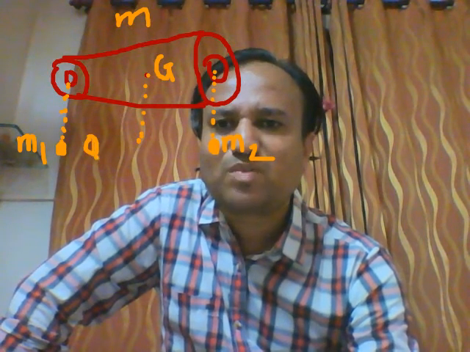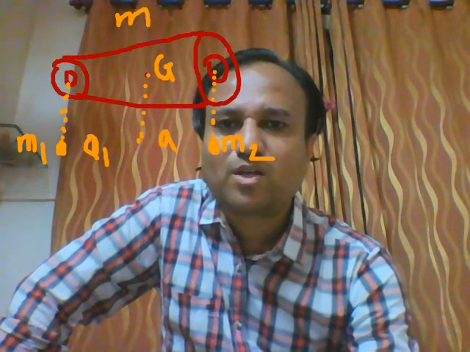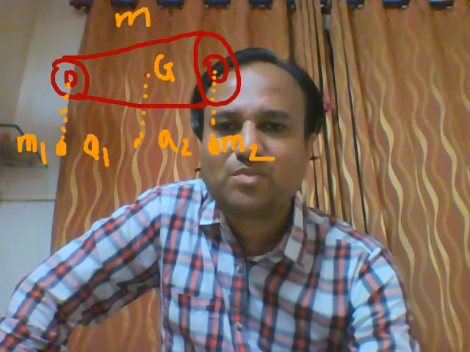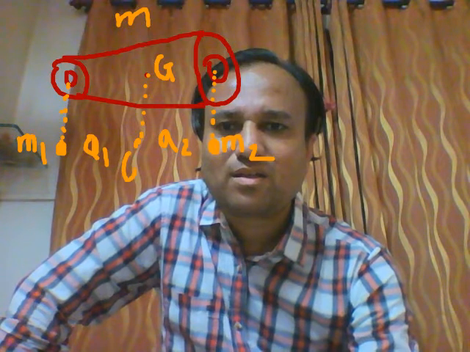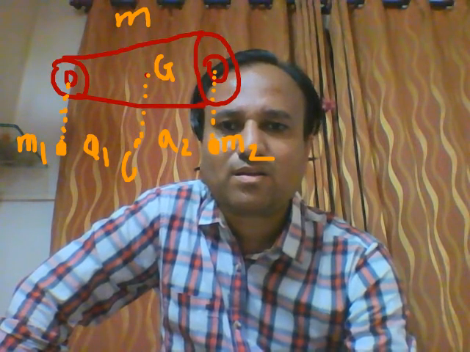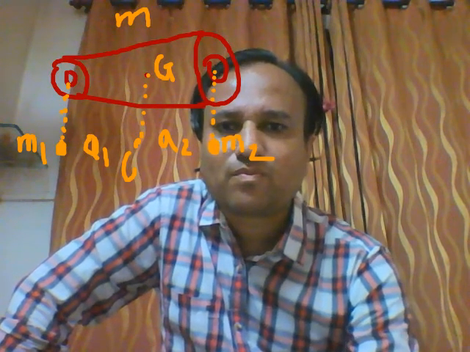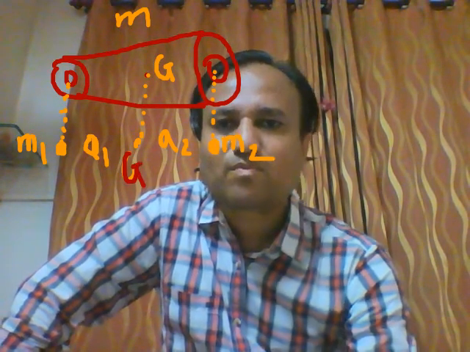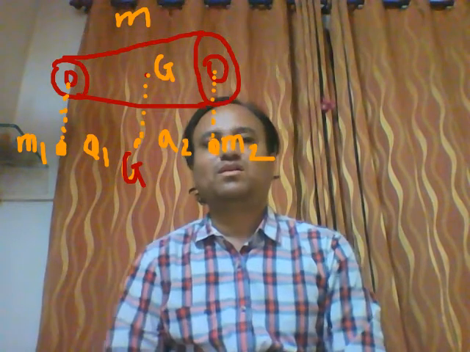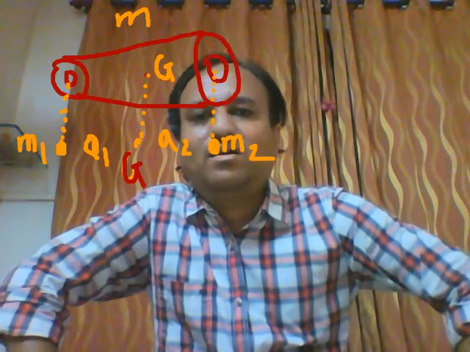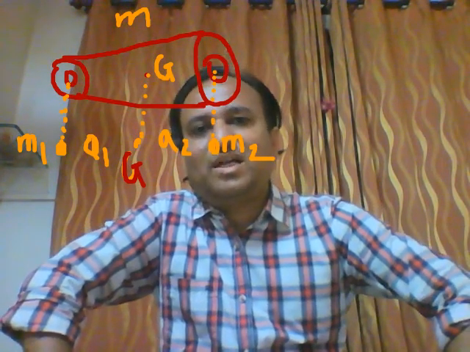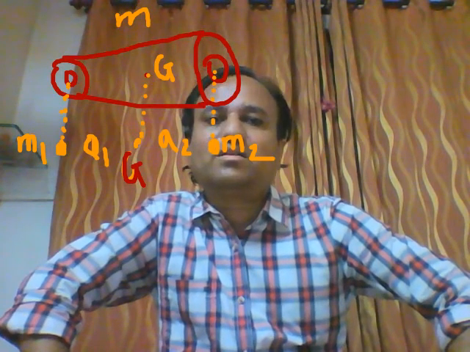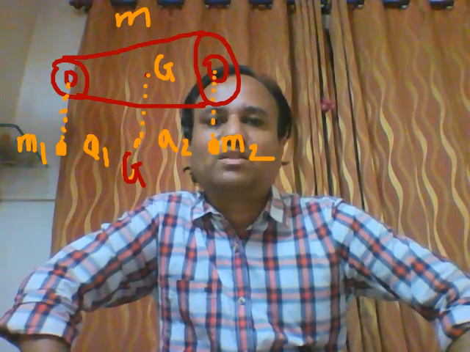So the same A1, A2, a two point system having the same G. So this is the case we have already discussed, that is the dynamically equivalent system having two point masses placed arbitrarily.